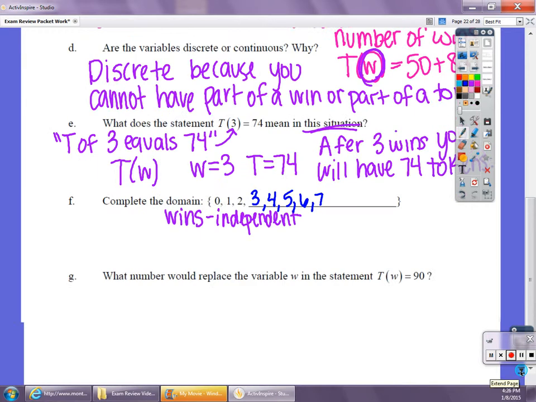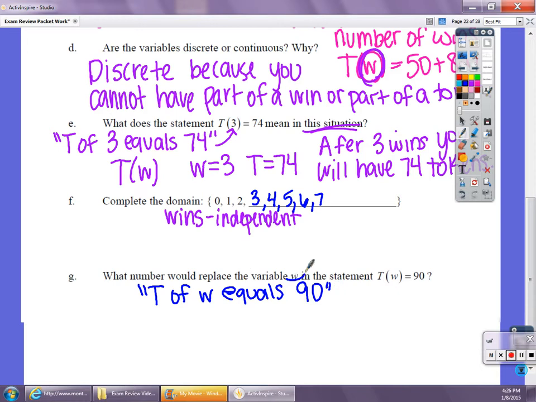Part G, what number would replace the variable W in the statement T of W equals 90? I'm going to write that out so we know that T of W equals 90. Think about what information we have here.